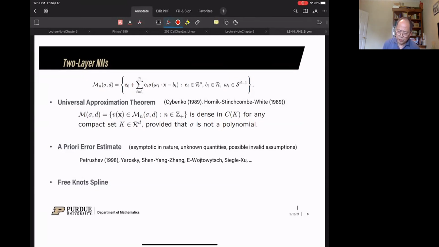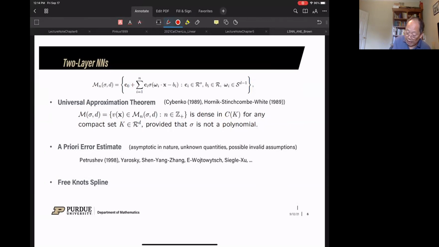When we use this for solving PDEs, one of the key questions is: before neural nets, we already had several classes of functions, and this kind of research has been done for 50 or 70 years. It's very well established. So the first question we want to ask is, why should we use the neural net for solving PDEs? Our work in the past two years is based on this observation. A two-layer neural net is much easier to understand.